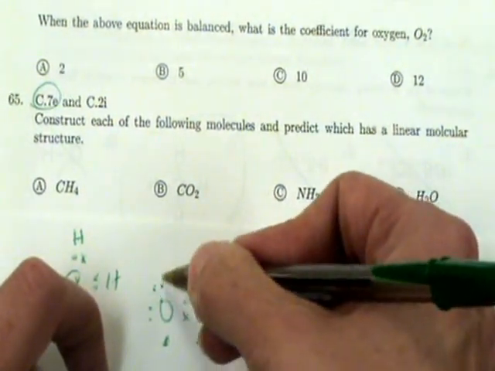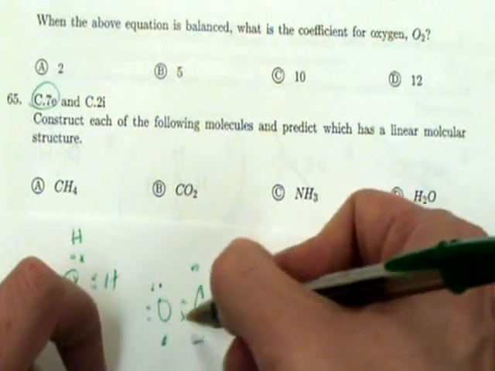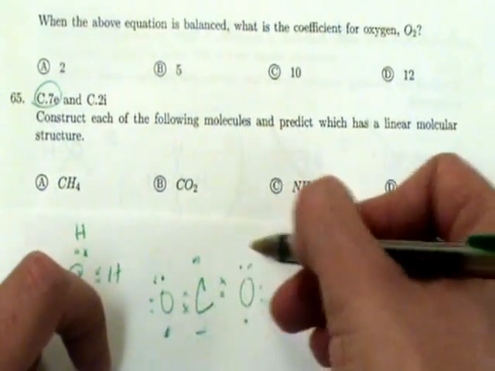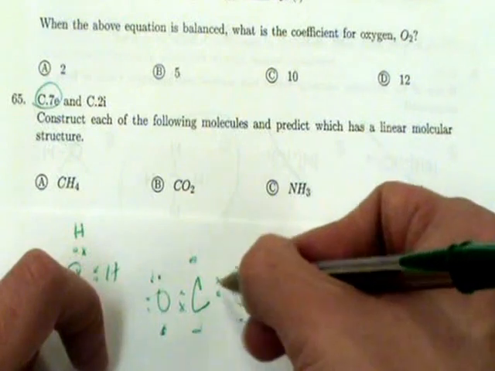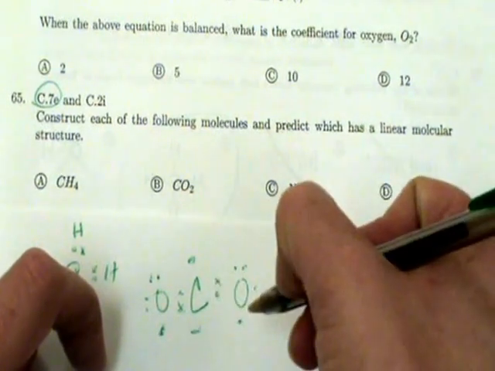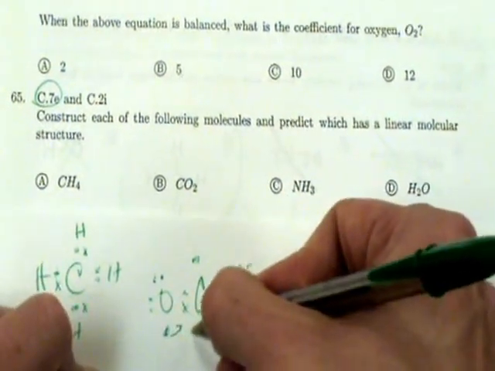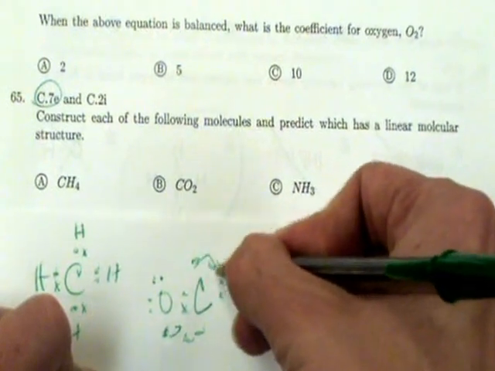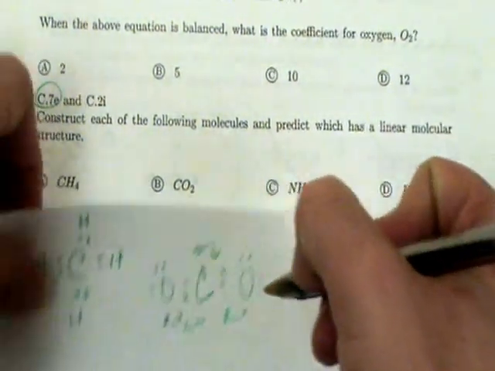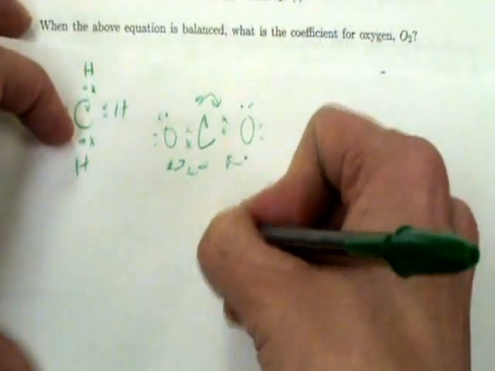Right now this oxygen has 6 and the one it's sharing makes 7. So these electrons are going to come in here, and this electron is going to come in here and here, and so this one is going to look like this.